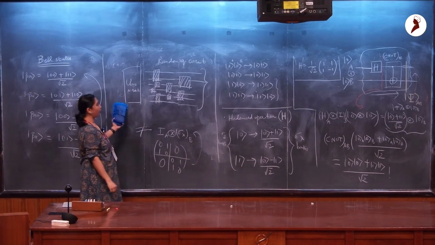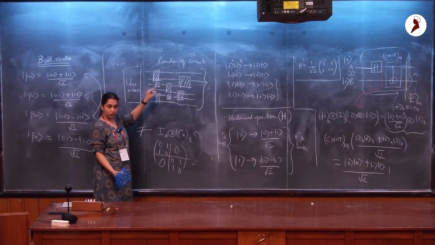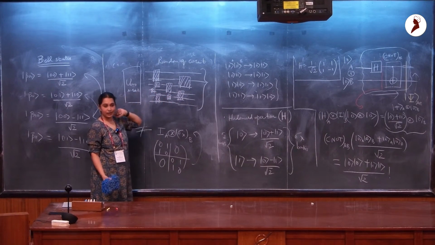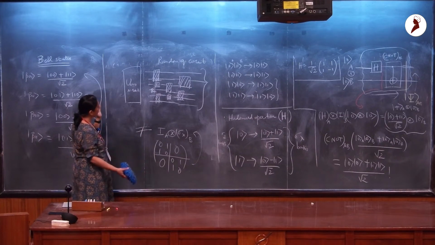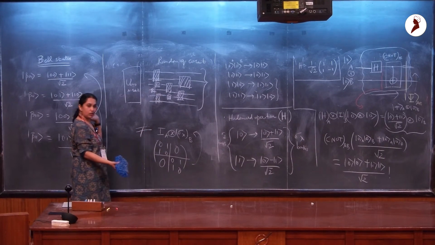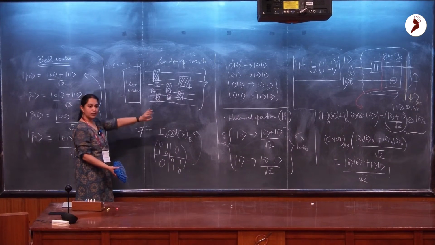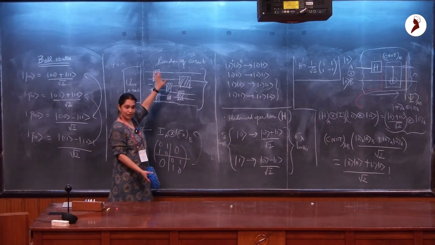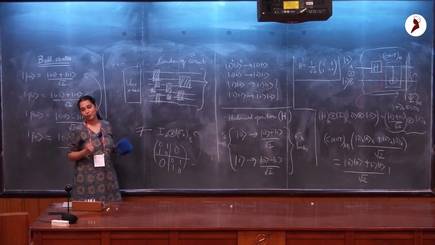Can I break this down in terms of just 2 qubit unitaries and single qubit unitaries? And the answer is indeed yes. This statement that you can break down any D cross D unitary purely in terms of single qubit gates and a single 2 qubit unitary, in fact, is the statement of universality of quantum computation.